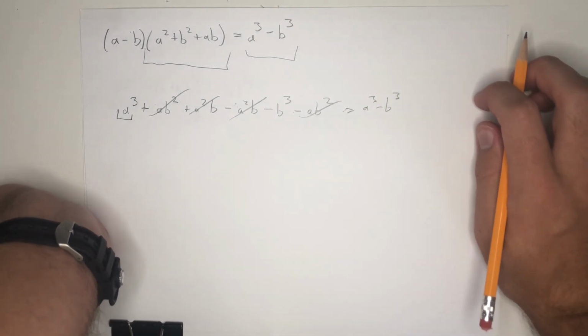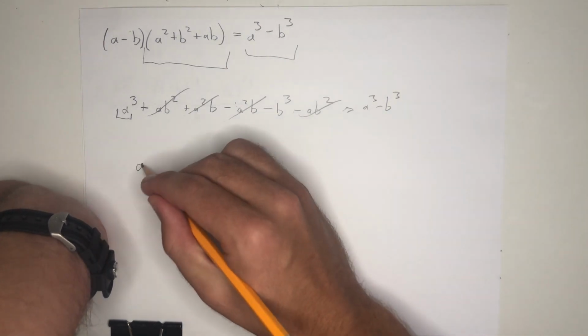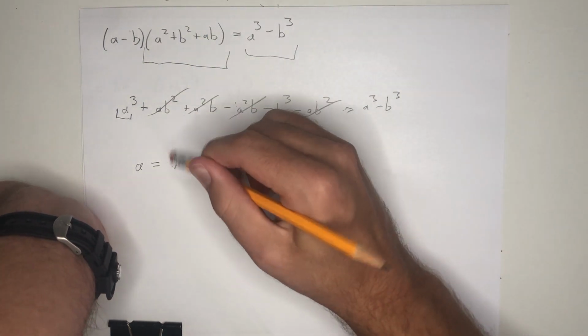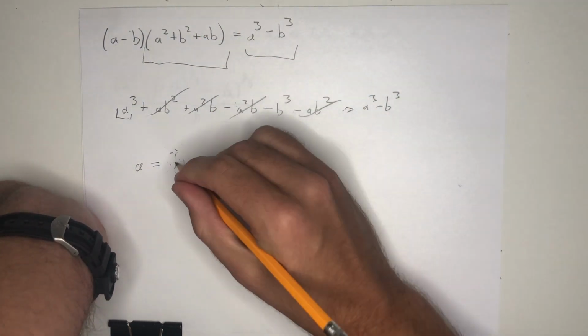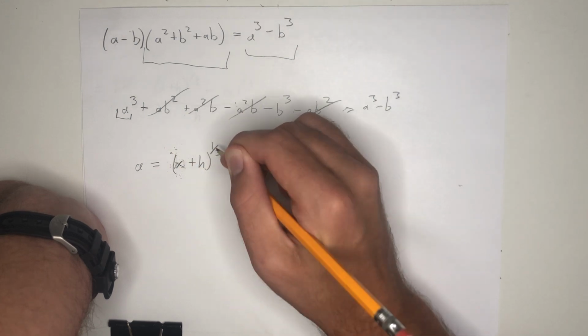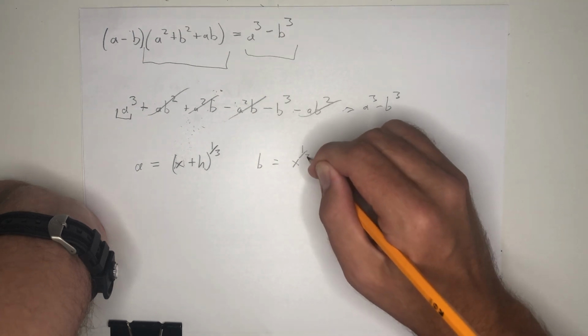But the question is, how does that apply to our problem? So for us, our a is equivalent to x plus h to the 1/3, and our b is equivalent to x to the 1/3.